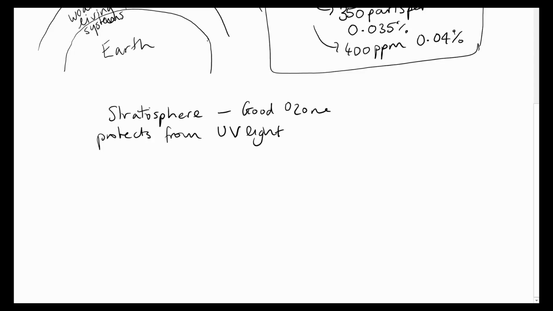If we don't have this ozone, then we get problems like skin cancer, because ultraviolet light has a very high energy, so it causes mutations in DNA, in cells, and obviously our skin cells are the first barrier to protect us. It can cause cataracts in eyes.